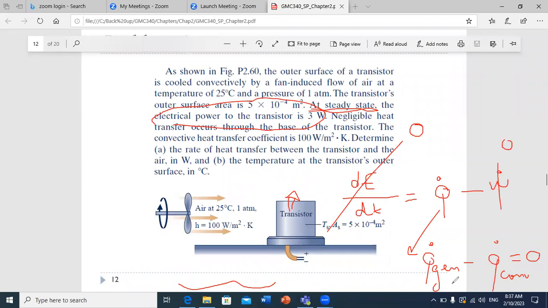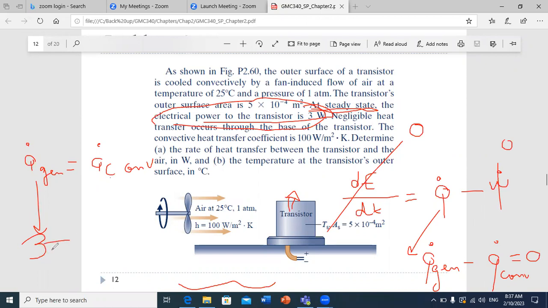So the equation governing heat transfer here is just Q dot generation should be equal to Q dot of convection. And we know that in this problem, they told us that the electrical power due to the transistor is 3 watt. So we know that this is equal to 3 watt.